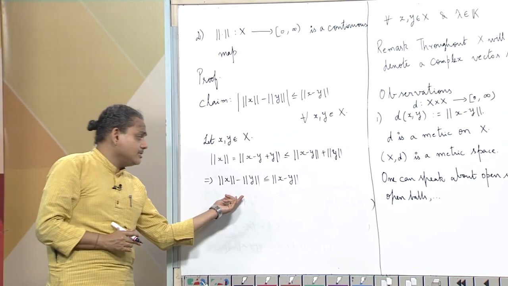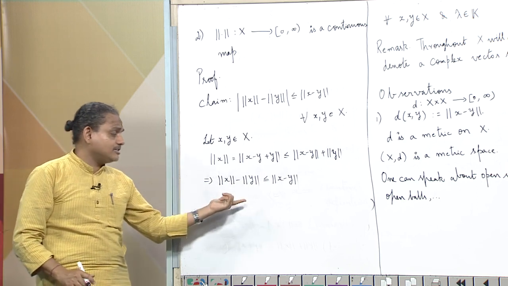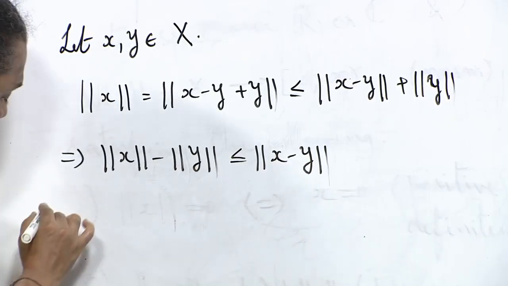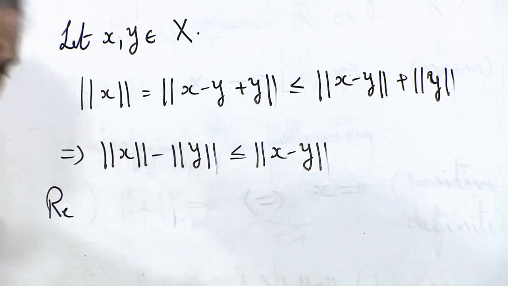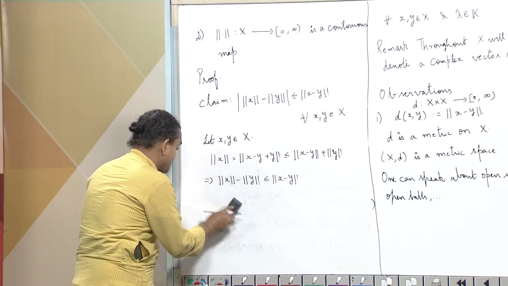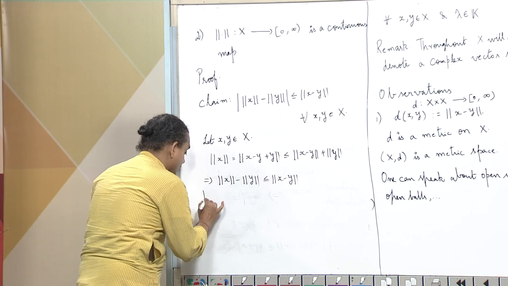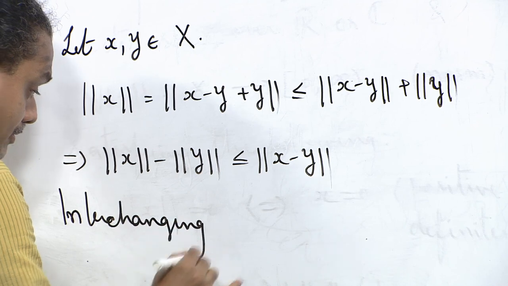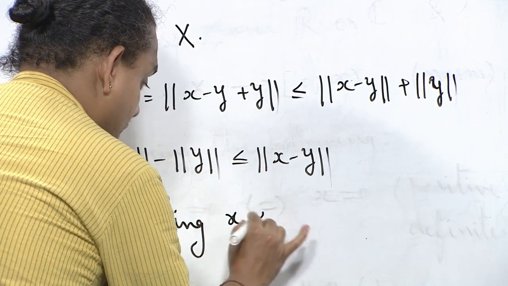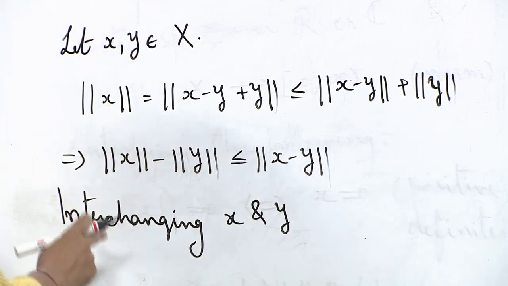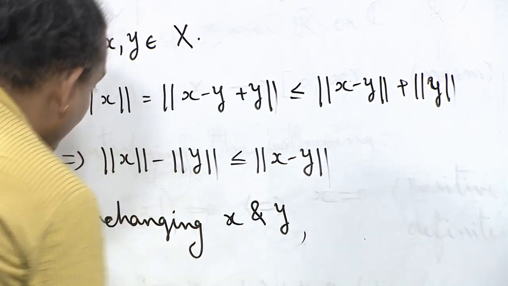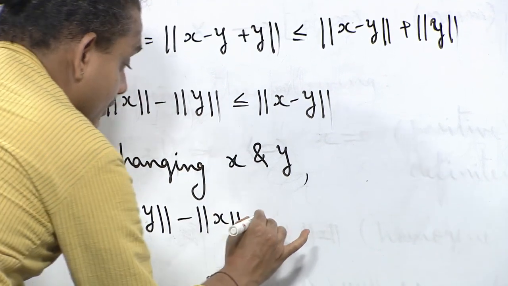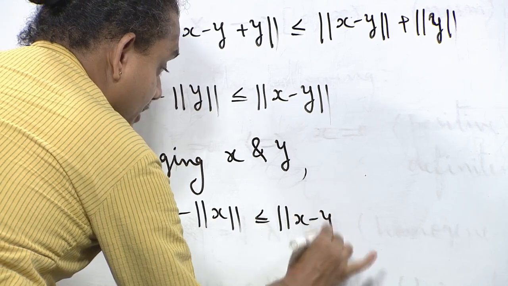If you notice this inequality, this is symmetric in x and y, because norm of x minus y is the same as norm of y minus x. So, interchanging x and y, if you replace x by y and y by x, we will have norm y minus norm x is less than or equal to norm x minus y.